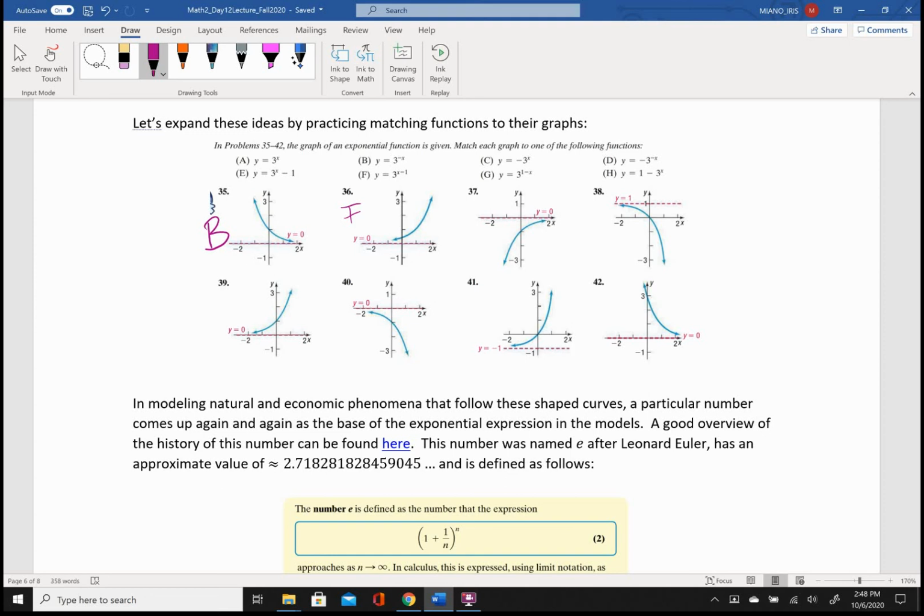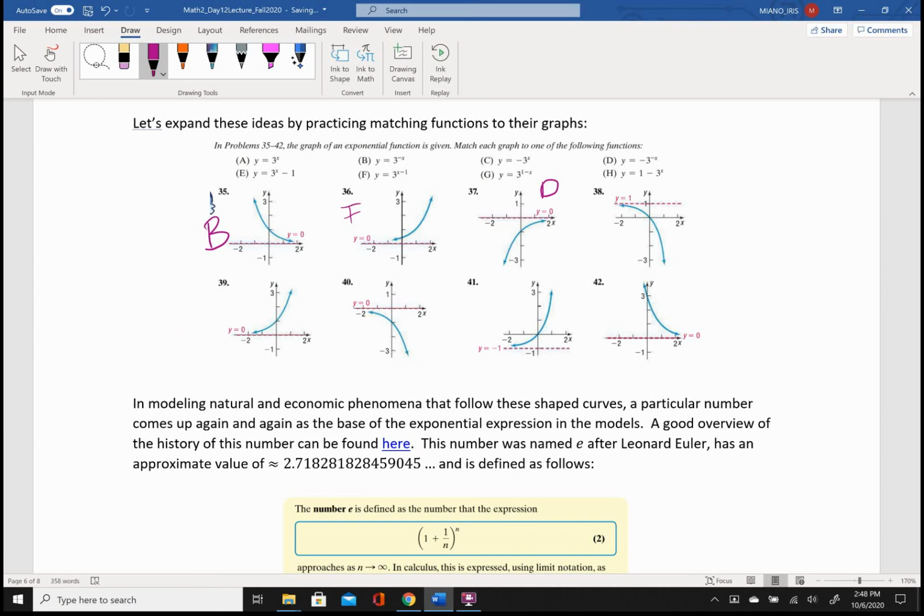Okay, cool. So for 37, it looks like it is akin to what's going on in D. Now D is this one right here, where we have a reflection over the x-axis by virtue of the multiplier being a negative 1, and also we have a negative 1 in the exponent.